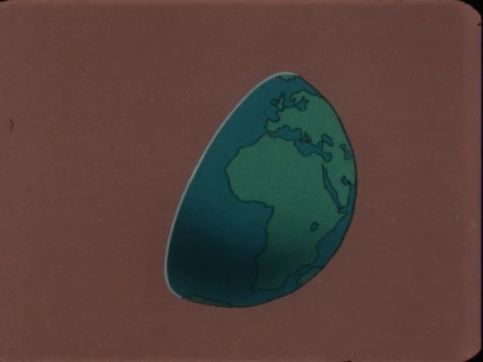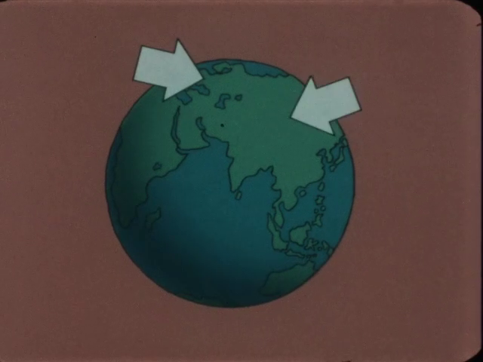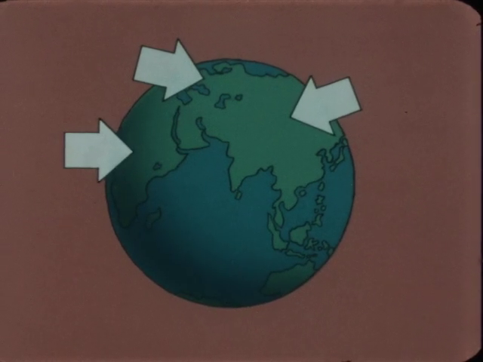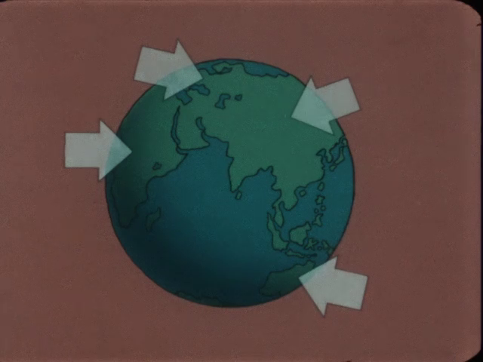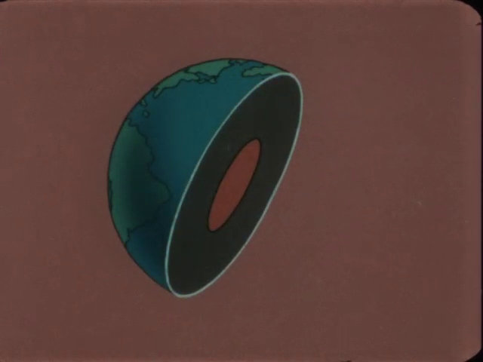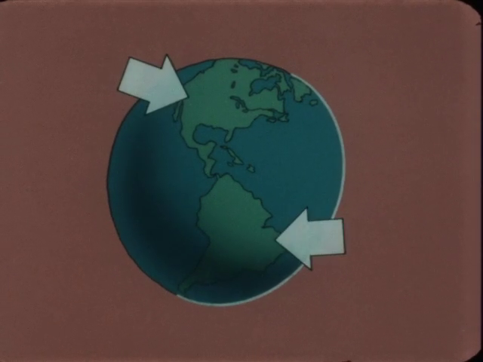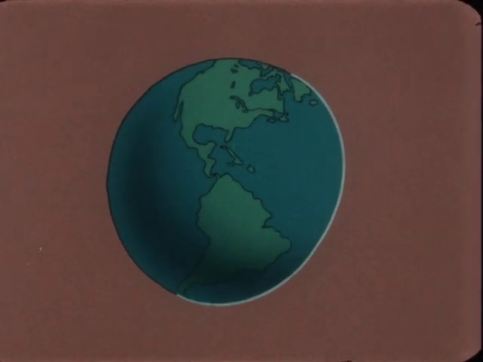This half is the eastern hemisphere. It includes most of the land on Earth. You can say that Europe, Asia, Africa, and Australia are in the eastern hemisphere. And you can say that these two continents, North America and South America, are in the western hemisphere.